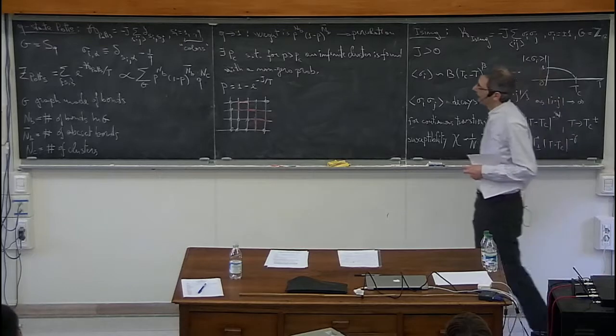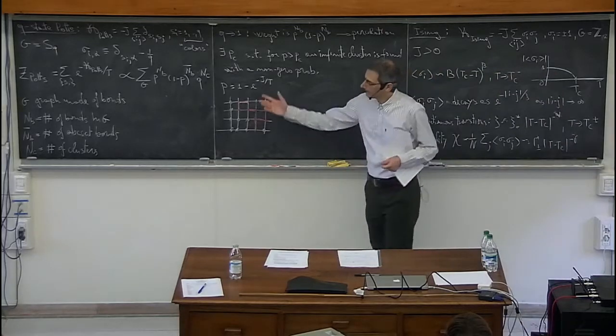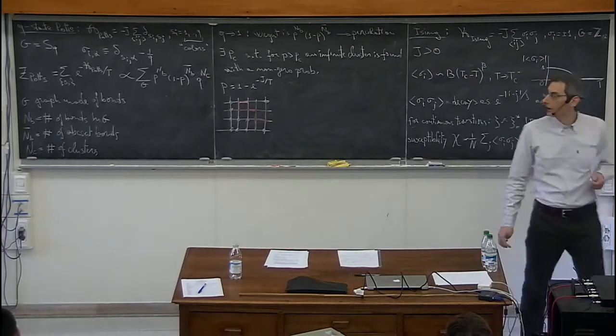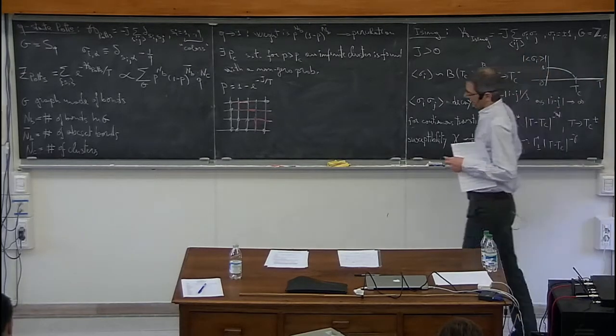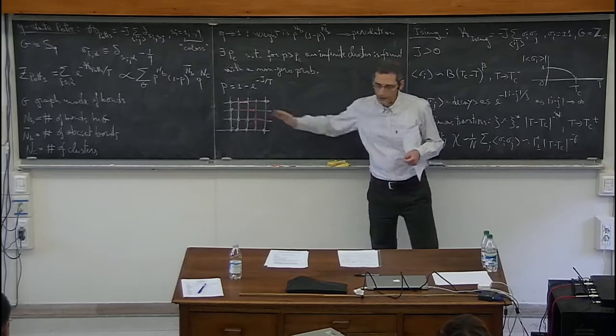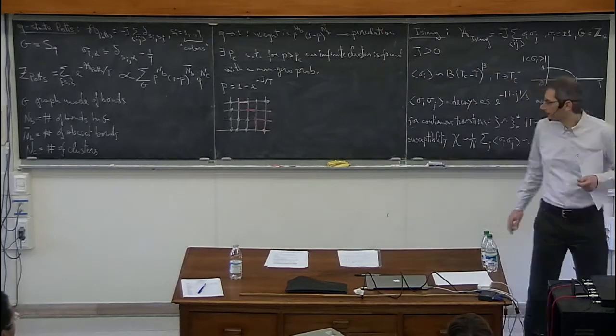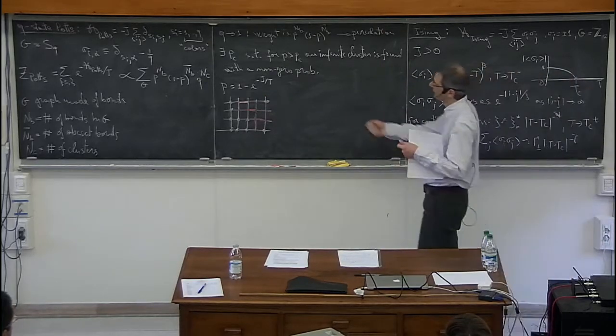So you see this is a critical phenomenon, but of a different type from the ones I've discussed before. It is often referred to as the prototype of a geometric phase transition. There is no Hamiltonian.